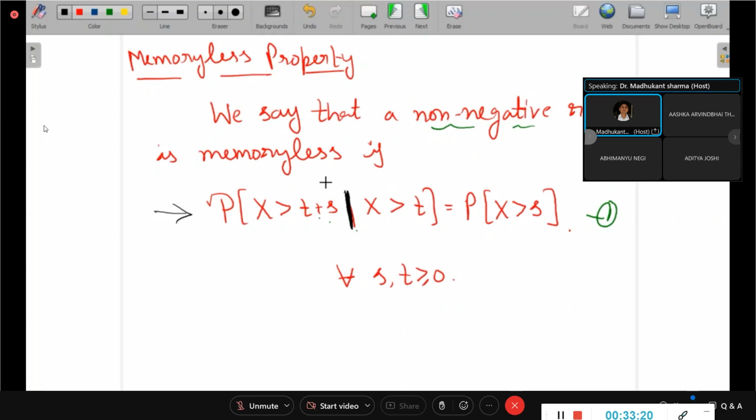Now you are trying to identify the probability that it is still functional after t plus s time.